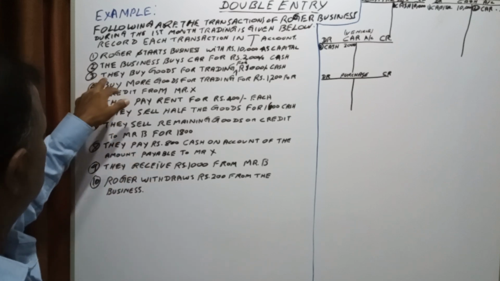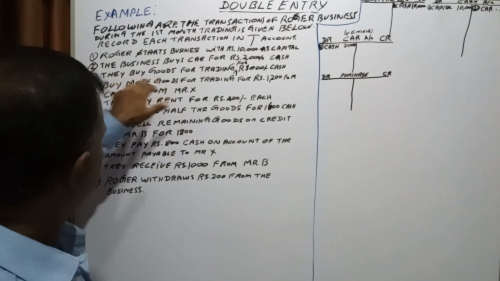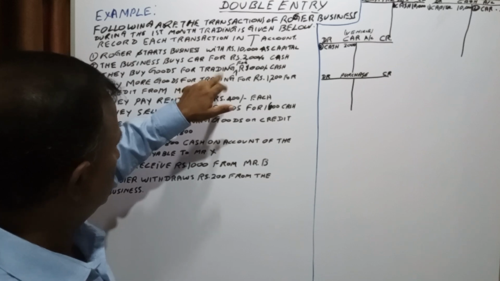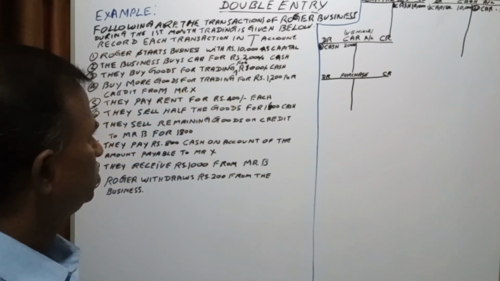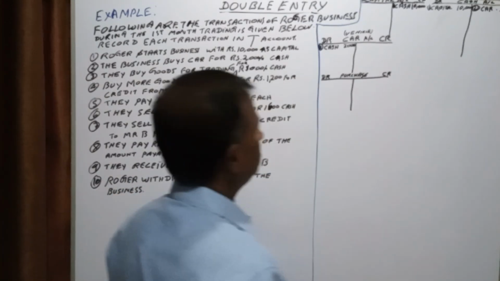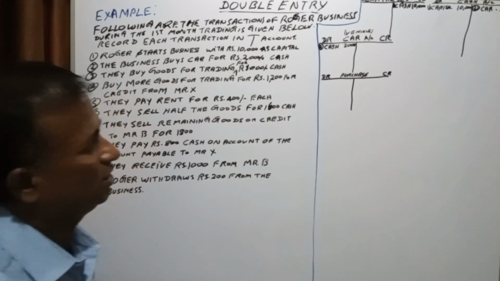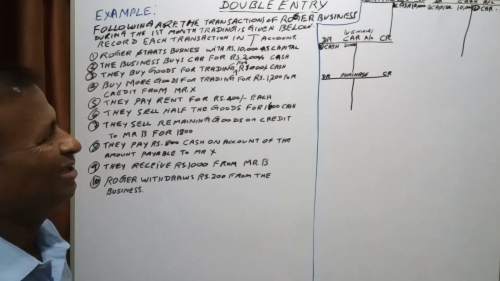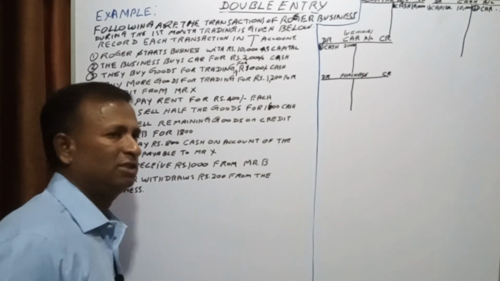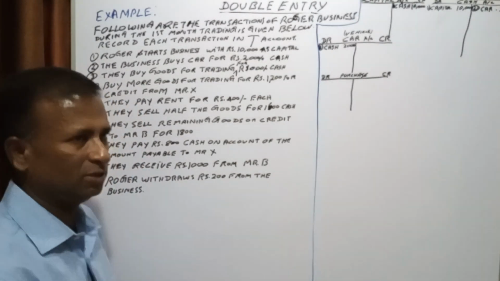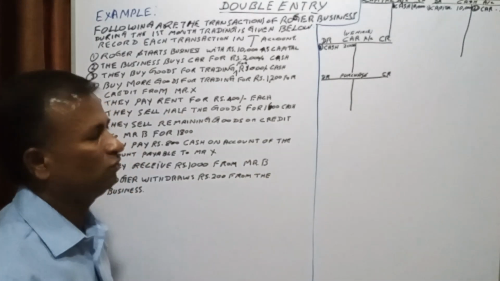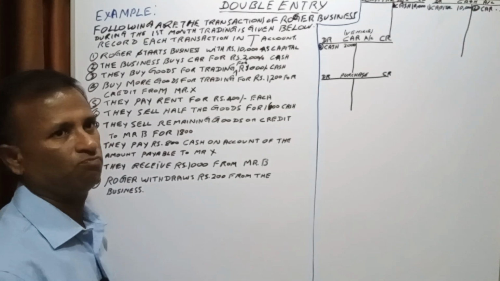They buy goods for trading for rupees 1000 cash. Okay, purchases. What is the entry for the purchases? Purchases means you are buying some goods for the purpose of reselling.